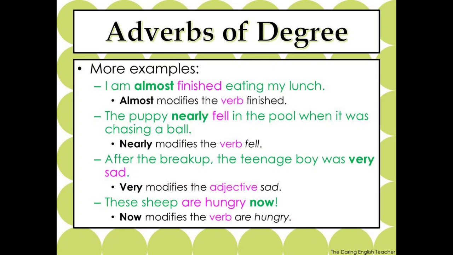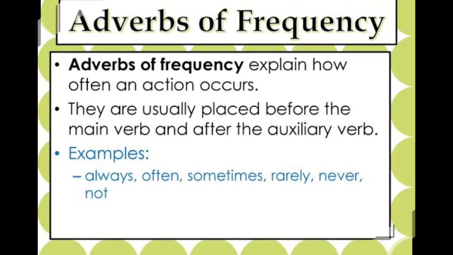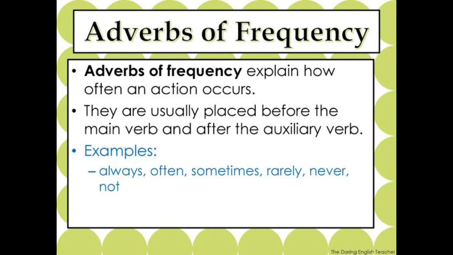Children, let's move on to the next type of adverb, that is adverb of frequency. What is meant by adverb of frequency? Adverb of frequency explains how often an action occurs, that is, how many times an action occurs.